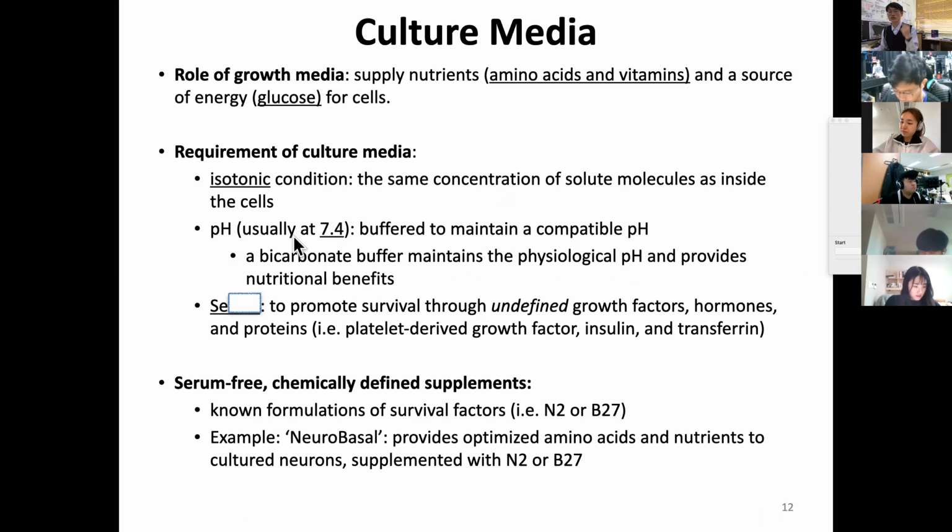And sometimes you provide survival or growth signals, promoting survival through growth factors, hormones and proteins such as PDGF, insulin, transferrin, many kinds of proteins. Sometimes you add what is called serum, okay?